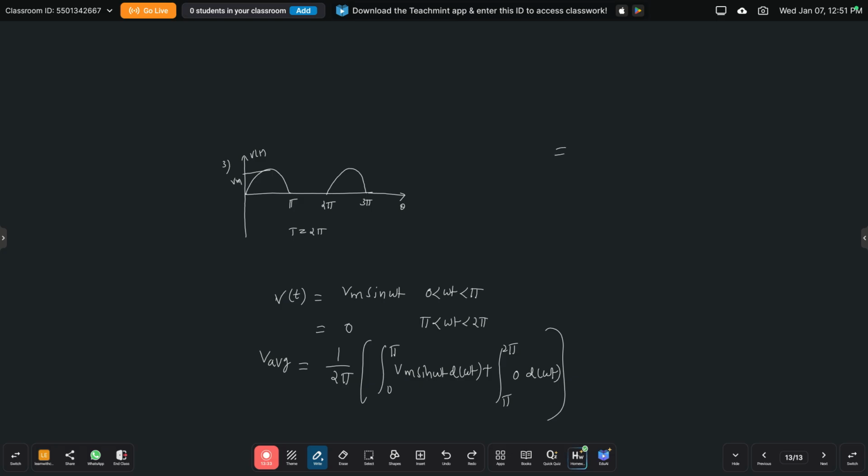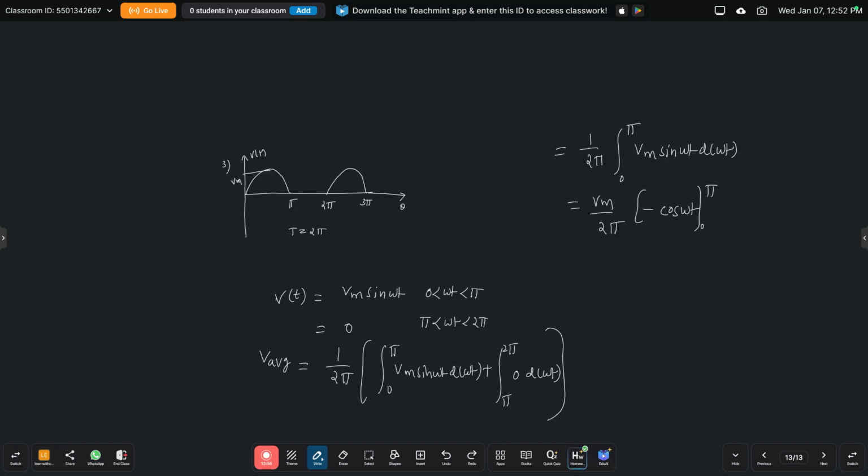So which can be written as 1 by 2 pi directly integral 0 to pi Vm sin omega t d of omega t, which is equal to Vm by 2 pi times minus cos omega t.